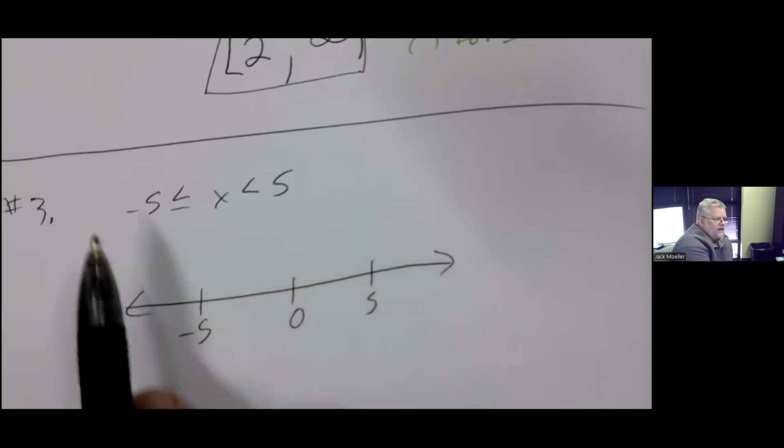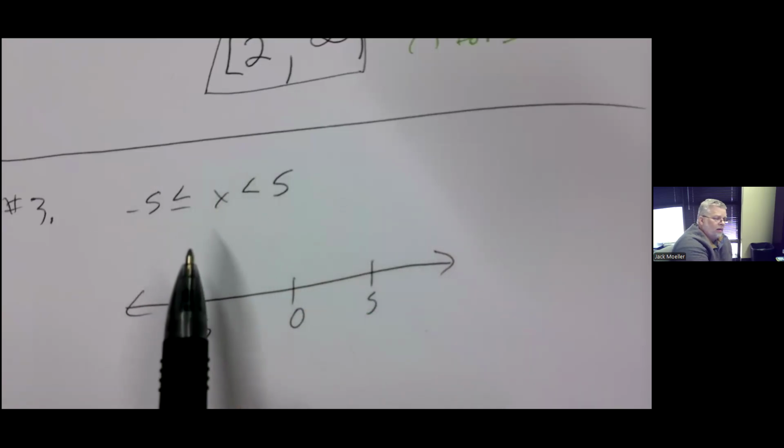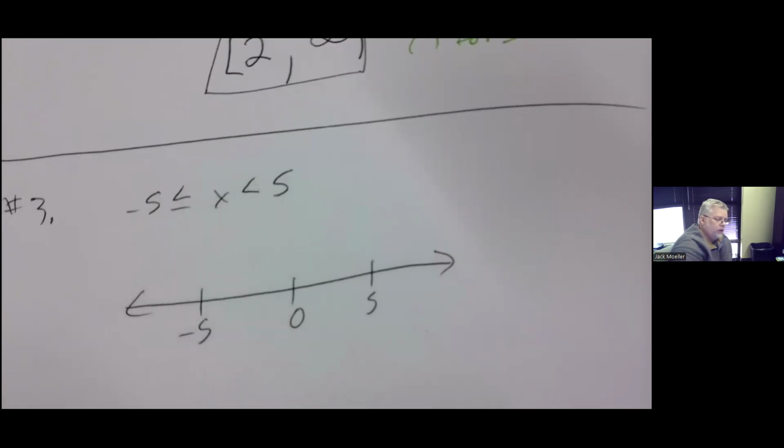So what does this mean? This is what we call a compound inequality, because there are 2 inequalities. We could theoretically do and or inequalities. We're not going to, this is basically an and inequality. We're not going to get that messy. We're just doing the basics.